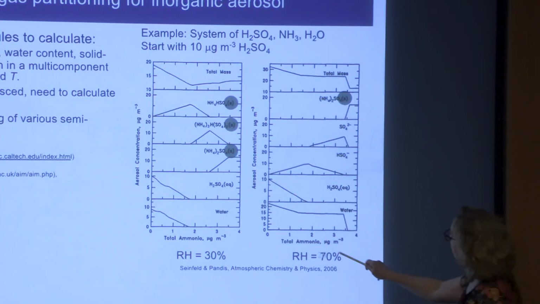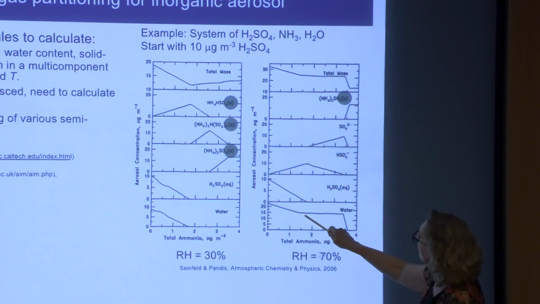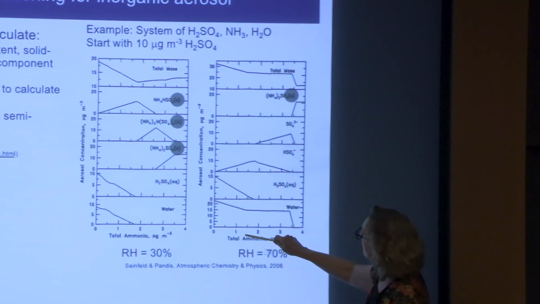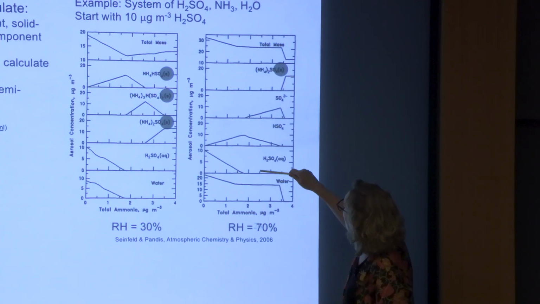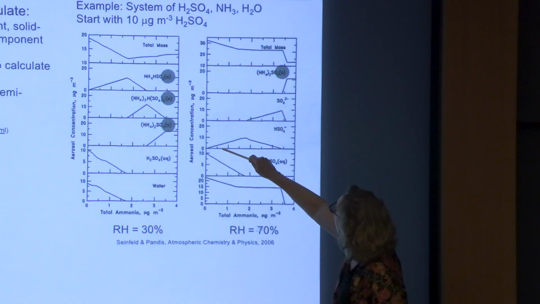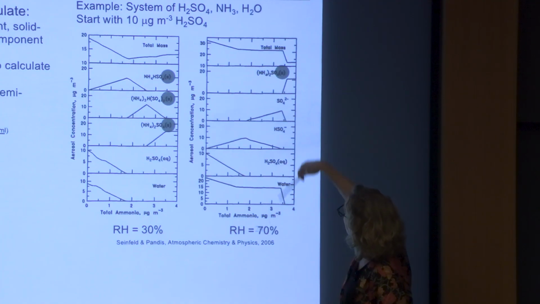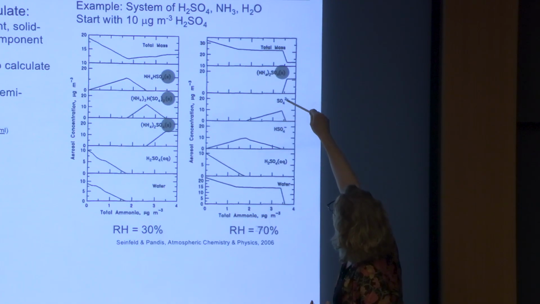Compare this to 70%. Now we can hang on to the water for much longer, right? So we are adding ammonia again, and calculating our equilibrium at each of these points. We are also losing sulfuric acid, but now we have more available water. We are forming the bisulfate ion right here.